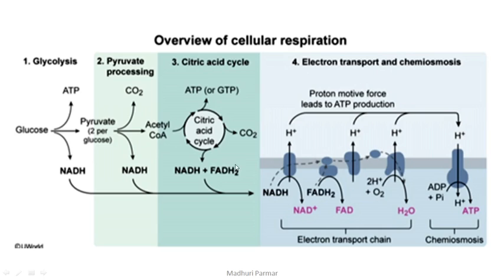We saw in the last class how NADH and FADH2 transfer their electrons, and these electrons are transported through different complexes of the electron transport chain or electron transport system. After the last complex, complex number 4, finally gives the electron pair to oxygen, and this oxygen with the electron pair as well as two protons generates one molecule of H2O or water.